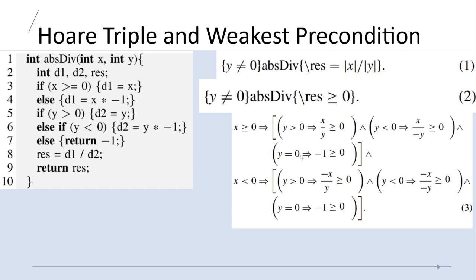If y equals 0, then the result will always be -1, which does not fulfill the postcondition that the result is greater than or equal to 0. So the weakest precondition is still y is not equal to 0. Then we get the two weakest preconditions, and they both fulfill the precondition, so the function will be right.